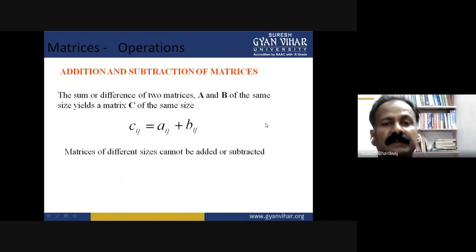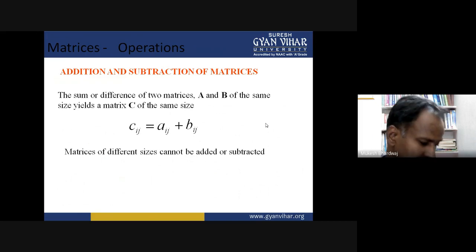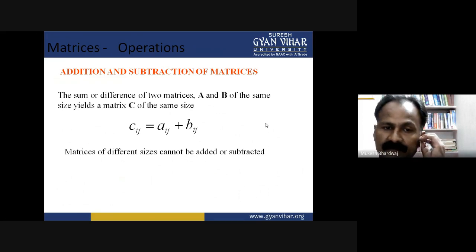Now, addition and subtraction of matrices. As in normal algebra for numbers, we do addition and subtraction of matrices. Similarly, the addition and subtraction of matrices can be done in the very same way, but here the corresponding element is added to or subtracted from the corresponding element of another matrix. The sum or difference of two matrices A and B of the same size yields a matrix C of the same size.